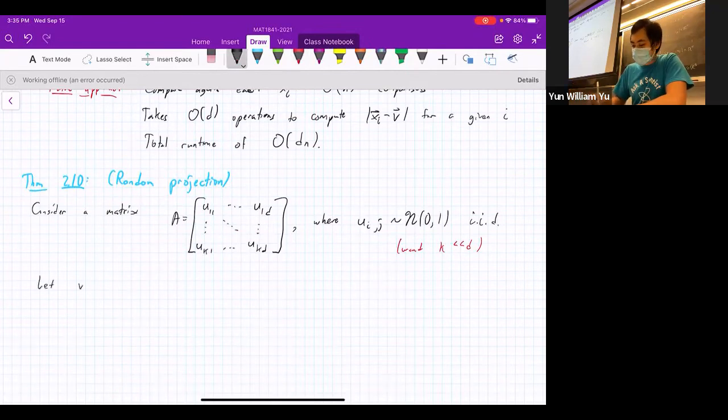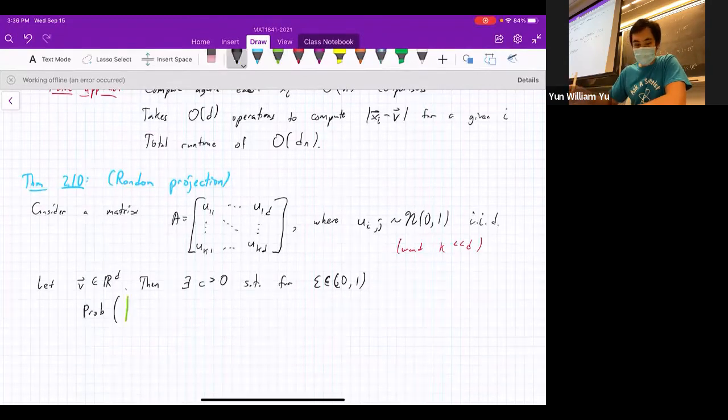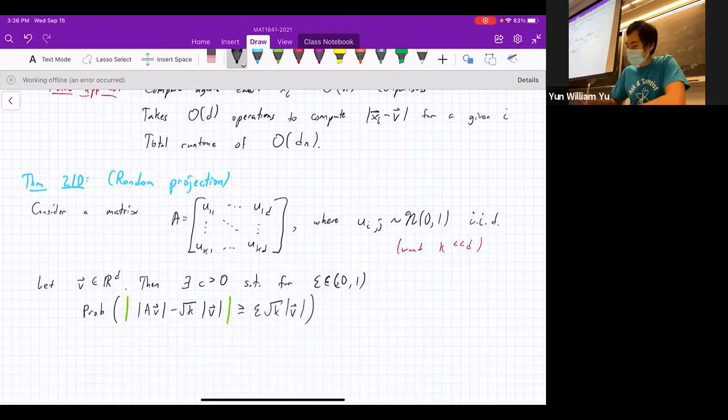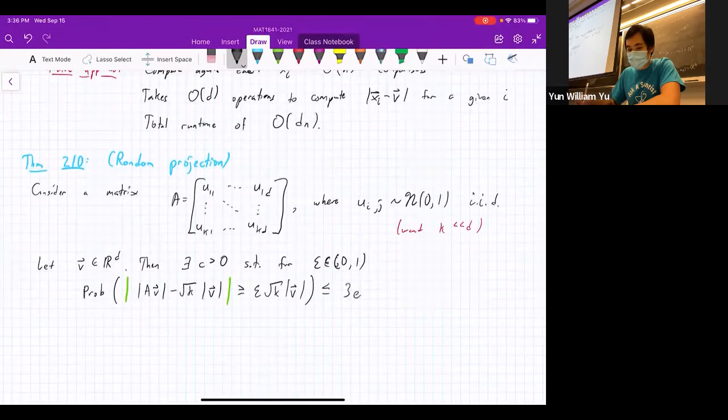So what are we then going to do? We're going to let V be a point in Rd. Then there exists some c greater than 0, such that for epsilon in (0, 1), the probability that the absolute value of the norm of AV minus root k times the norm of V is greater than or equal to epsilon times the square root of k times the norm of V, so the probability that the distance of your projected value is far away from what you'd expect based on the original distance, is less than or equal to 3e to the minus ck epsilon squared.